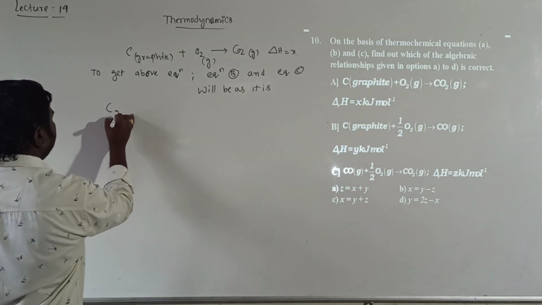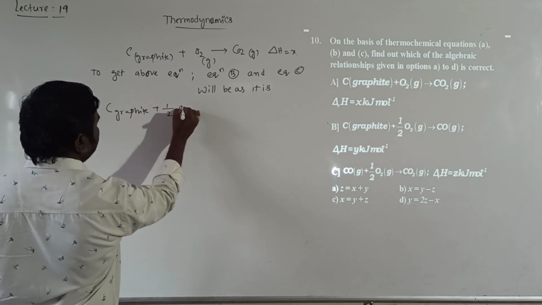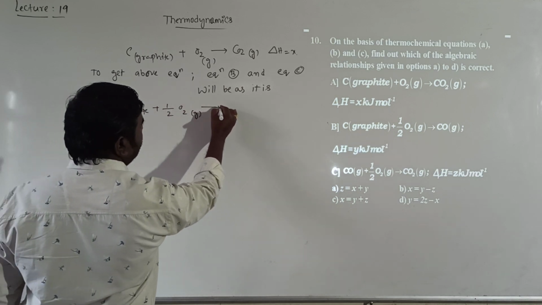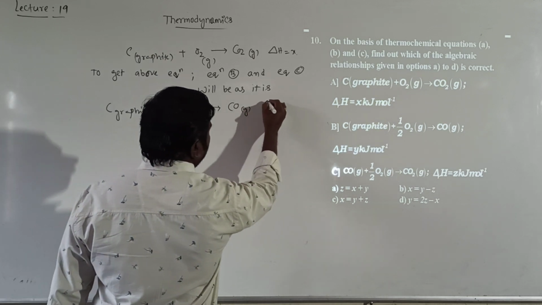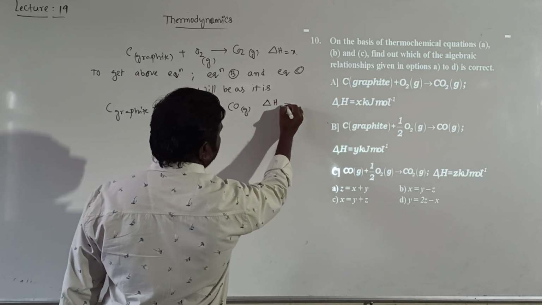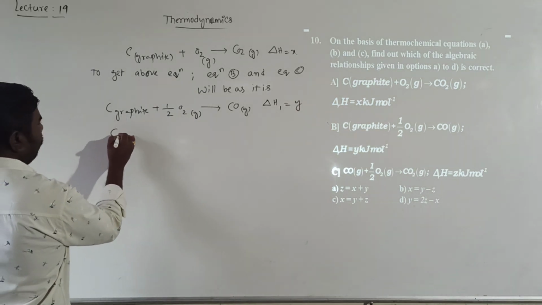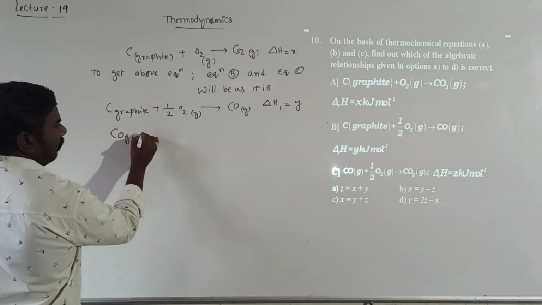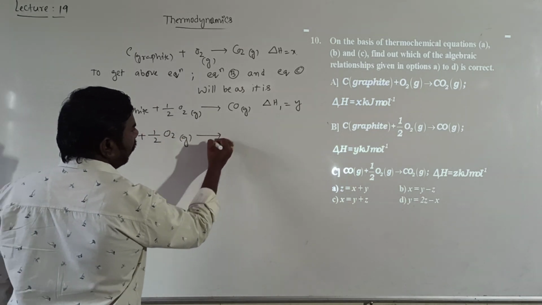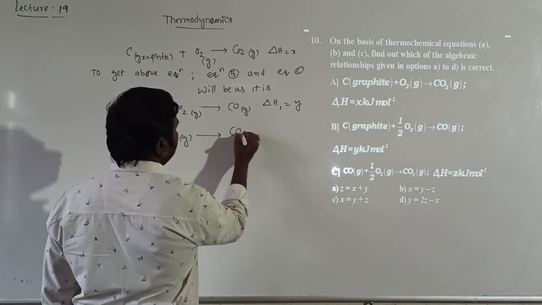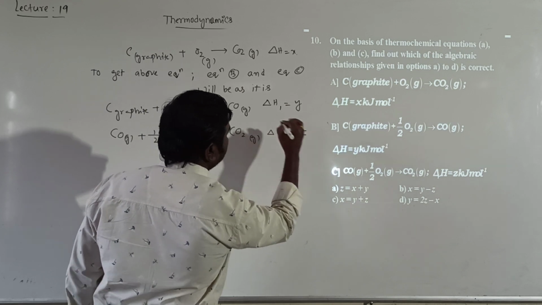Then C graphite plus half O2 gas gives rise to CO gas, delta H1, I am considering it is Y. Next, CO gas plus half O2 gas gives rise to CO2 gas, delta H2 becomes Z.